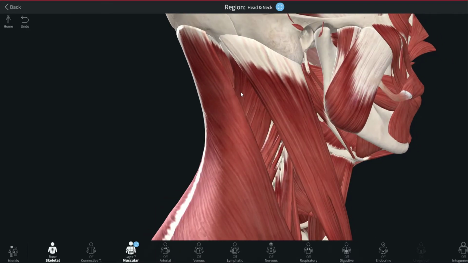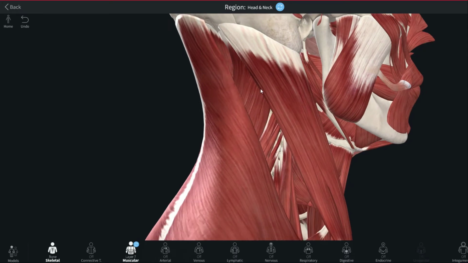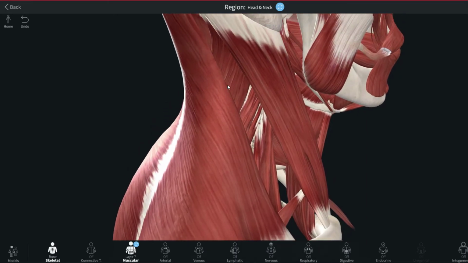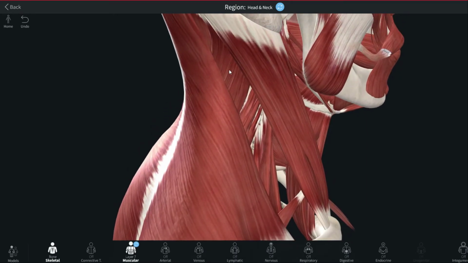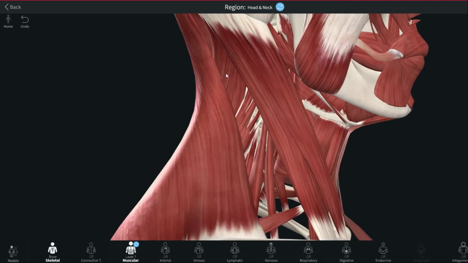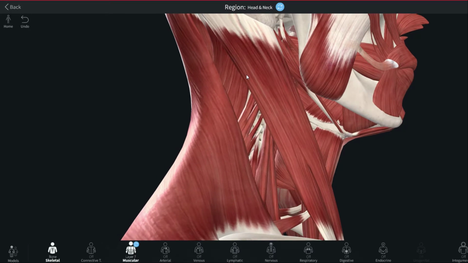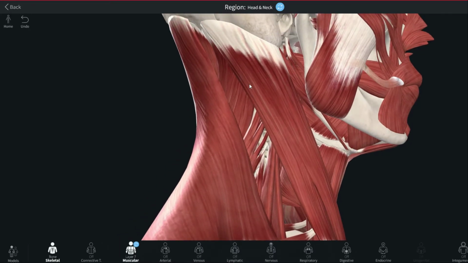Now, see, these are the muscles. Can you see? This is the posterior triangle, right? And can you see that there are muscles which are deeper to the posterior triangle, in the posterior triangle, but deeper to it? These are the constituents of the floor of the posterior triangle.